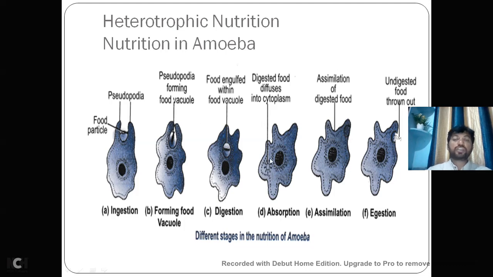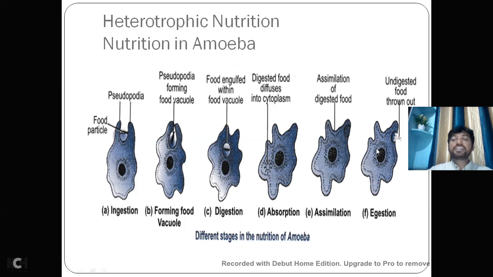Then absorption, it will be absorbed by the cell particles, in the sense all the cell organelles will absorb the nutrients. Then assimilation, it will be distributed and utilized by all the organelles for their proper functioning.